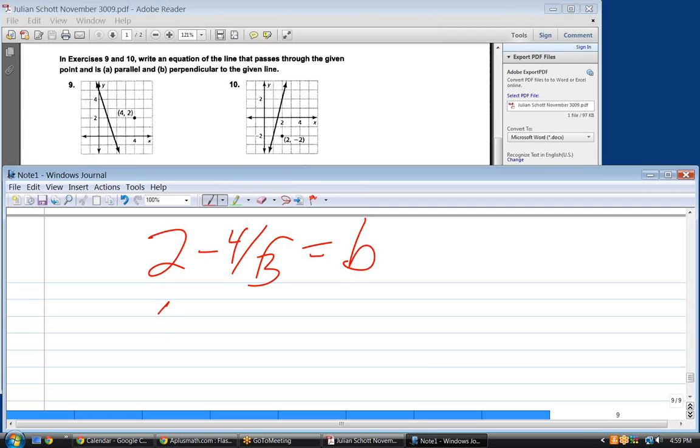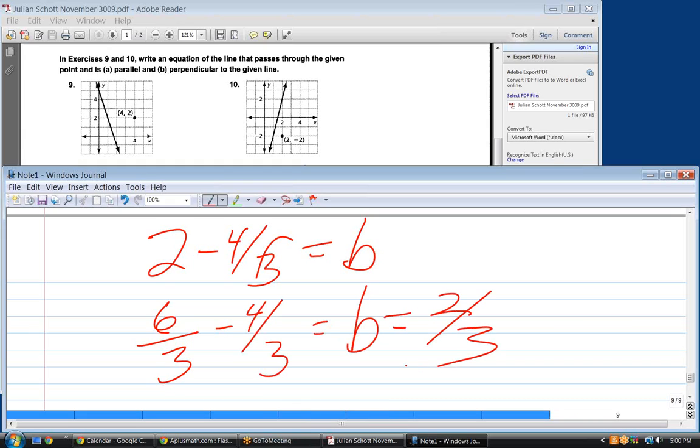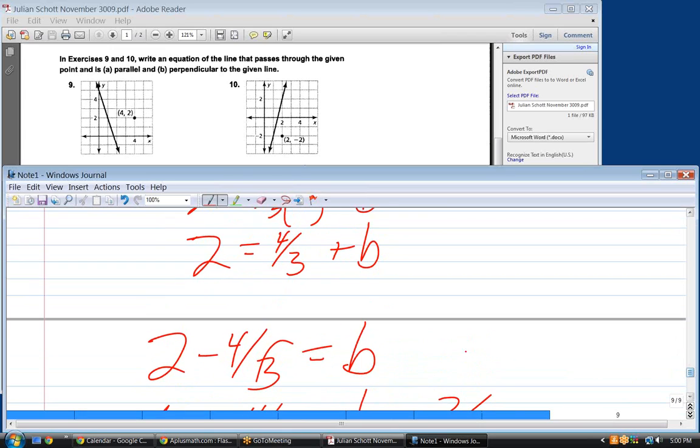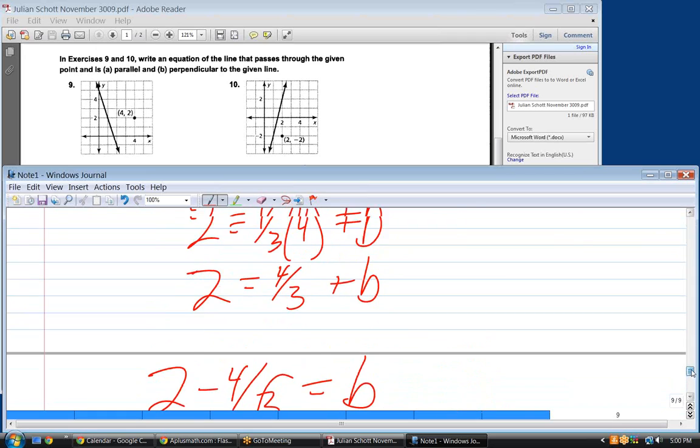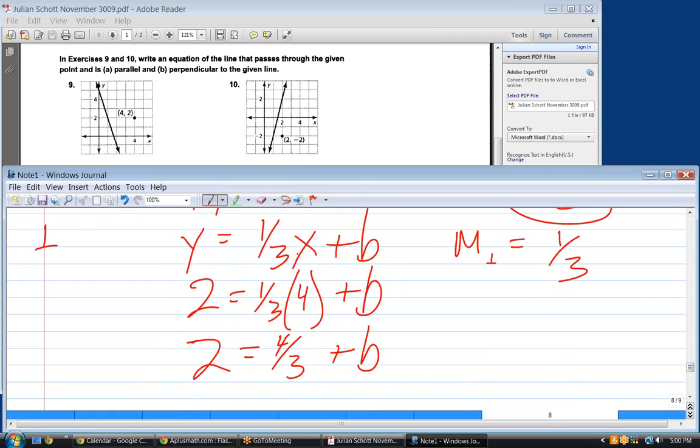You see why it's 6/3? So now I have 6/3 minus 4/3. That's what's going to be equal to b. That's 2/3. So the other equation is y equals 1/3 x plus 2/3.